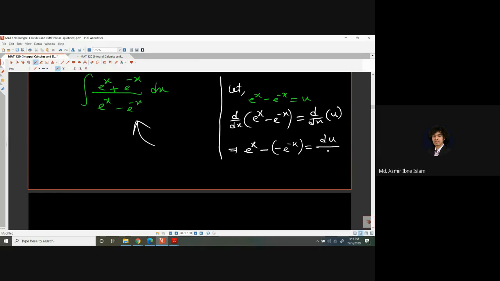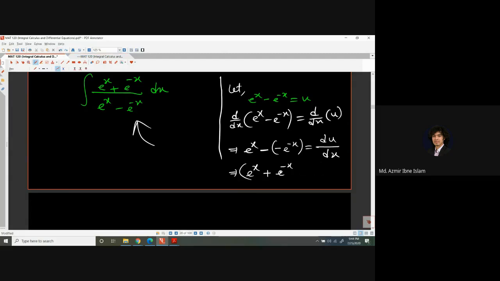So du dx. Now what are we getting? We are getting e to the power x plus e to the power negative x dx. Okay, negative negative positive, and you are getting du dx. Okay, in the next step we have to keep the x terms and dx terms on the left side, and on the right side we can keep the u terms or constant terms.